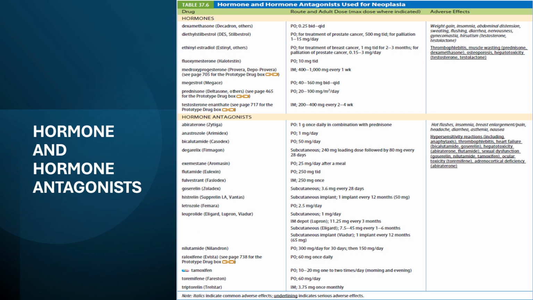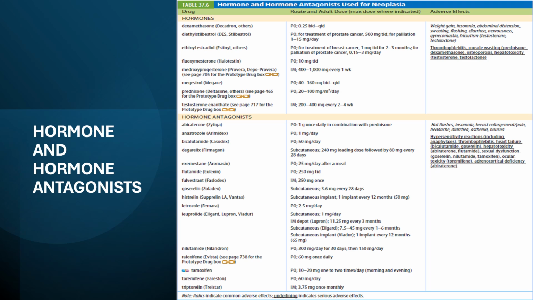Hormones and hormone antagonists. Use of hormones or their antagonists as anti-neoplastic agents is a strategy used to slow the growth of hormone-dependent tumors. Hormonal therapy is limited to treating hormone-sensitive tumors of the breast or prostate. Pharmacotherapy with hormones and hormone antagonists.